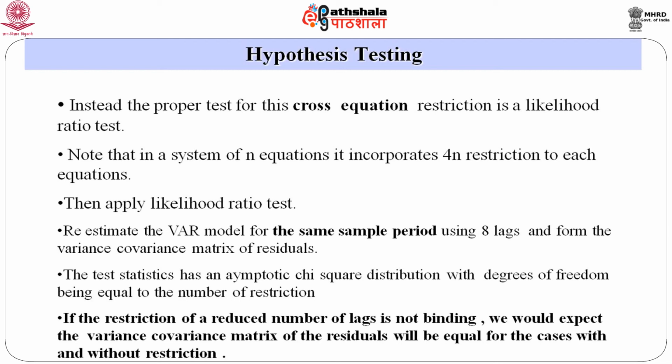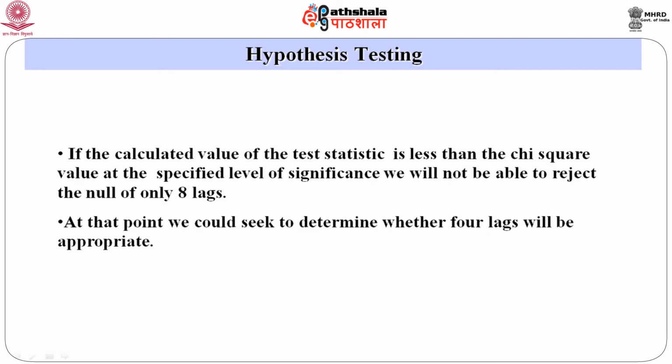So, if we find that the variance covariance matrices with and without restriction are more or less the same, then we basically conclude that the restrictions are not binding. And if the calculated value of the test statistic is less than the chi-square value at the specified level of significance, we will not be able to reject the null of only 8 lags. At that point, we seek to determine whether 4 lags would be appropriate in a similar fashion.